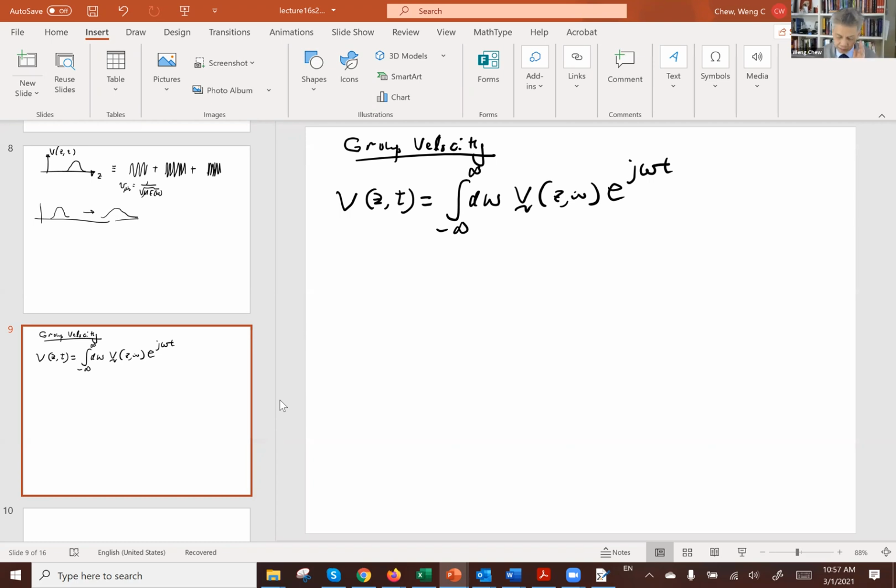Okay, and this V tilde, for instance, could be the solution to this equation, which also follows from your transmission line equation.